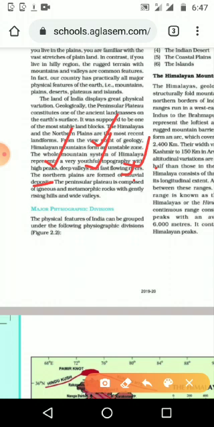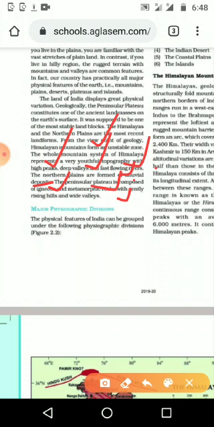The peninsular plateau is composed of igneous and metamorphic rocks with gently rising hills and wide valleys. What is the speciality of the peninsular plateau? It is made up of igneous rock and metamorphic rock. When compared with sedimentary rock, igneous and metamorphic rocks are much stronger.